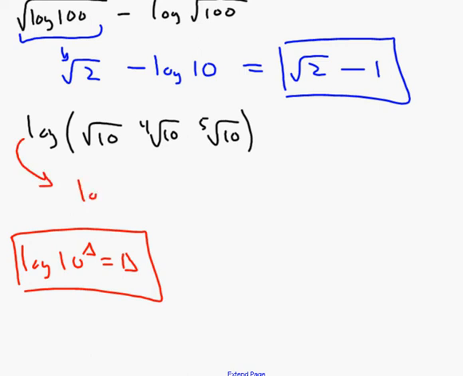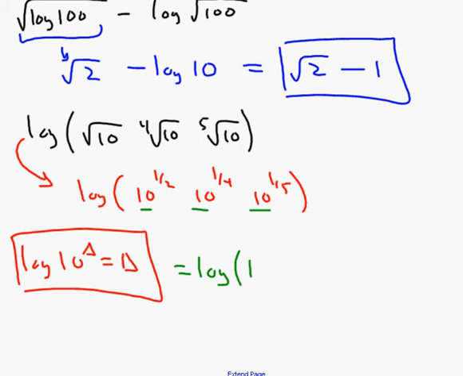Let's think of this as the log of 10 to the 1/2 times 10 to the 1/4 times 10 to the 1/5. And actually, this looks a lot more promising now. Because I know if I have the same base and I'm multiplying, I could just add the exponents. So this really becomes the log of 10 to the 1/2 plus 1/4 plus 1/5.